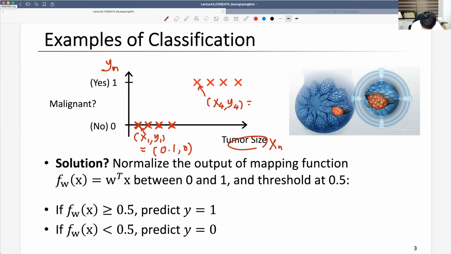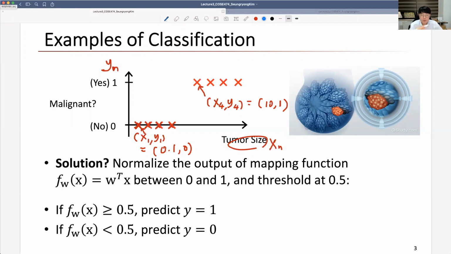In this case, x4 is equal to 10, and y4 is going to be 1. In this case, how can I find the model that explains this data set well? How can I find the model that will approximate this data set well?